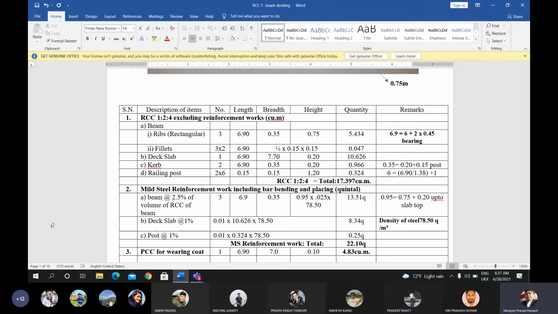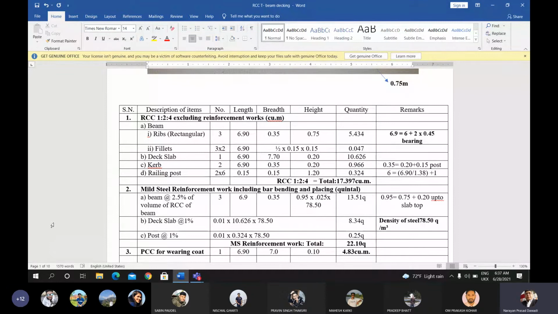This is the density of the steel, 78.50 quintal per meter cube of the RCC. You will get the value of 13.51 quintal, which is 2.5% volume of the RCC.